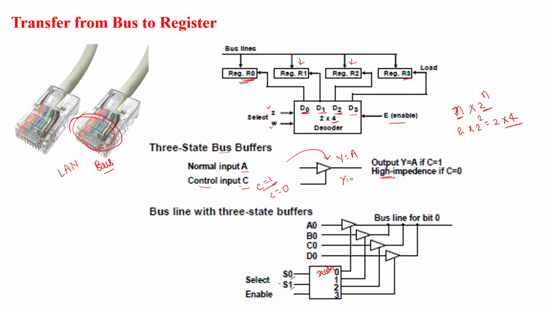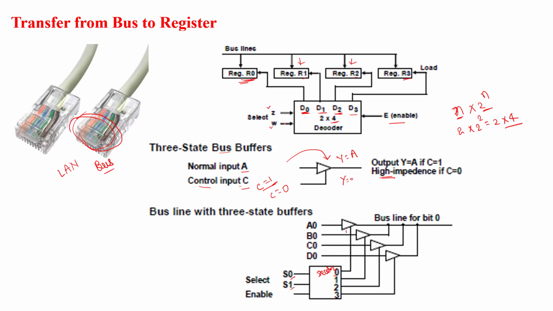Another third input is the enable input. If we have the 0, 0 combination, the output 0 of the decoder will be active, and this becomes the control signal input, and finally the contents of register A will be transferred.